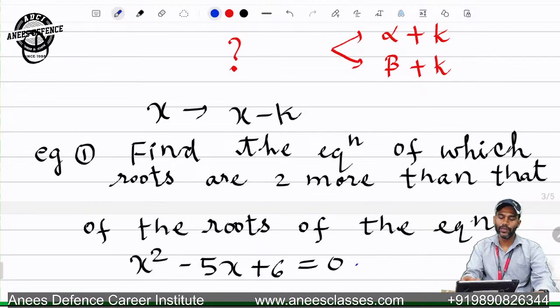So find the equation of which roots are 2 more than that of the roots of the equation x square minus 5x plus 6. So we are not supposed to find out the roots of the given equation.